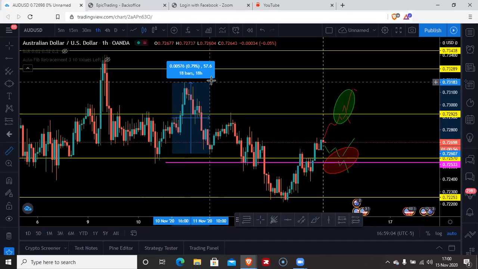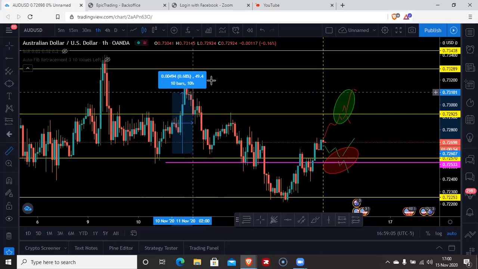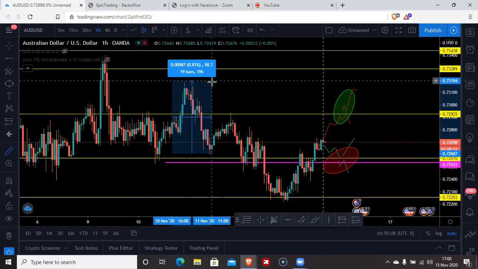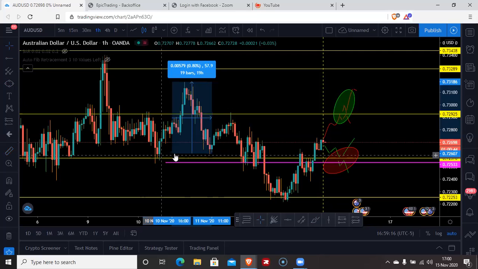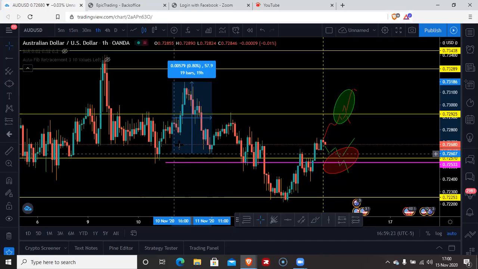Let me leave this up there. So that's 57 pips. So that would have eventually been like a 77 pip move, because your first position, you would have taken profit at that 20 pips, and then you had another position running where you would have caught that whole 57 pips. You see what I'm saying?